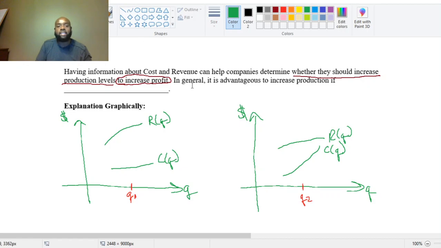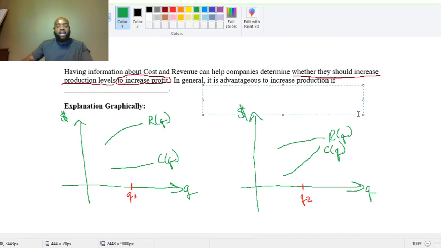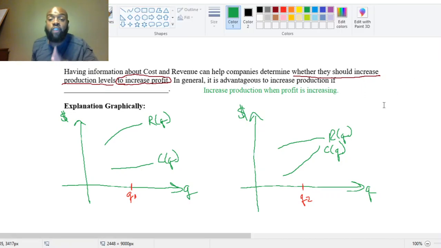And so I'm going to type this out, right? Increase production when profit is increasing. All right, when a function is increasing, that means its derivative is positive. That means I'm going to increase production.